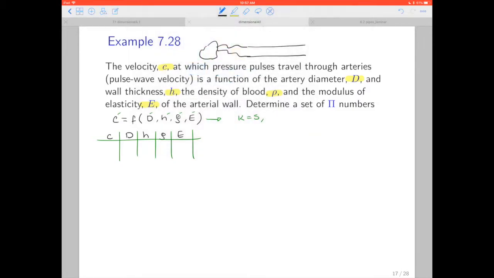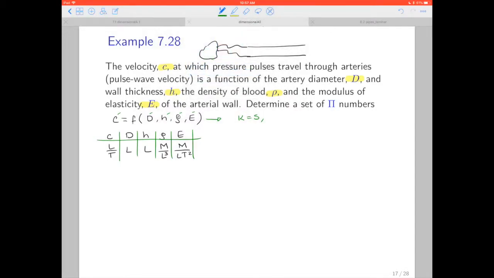So in the first case we have velocity, which is length per unit time, diameter which is length, thickness which is length, density which is mass per volume, so L cubed, and elasticity modulus which is mass divided by length and time squared.